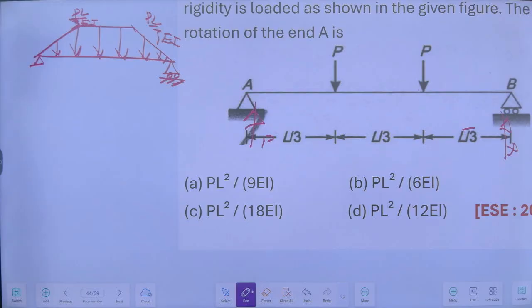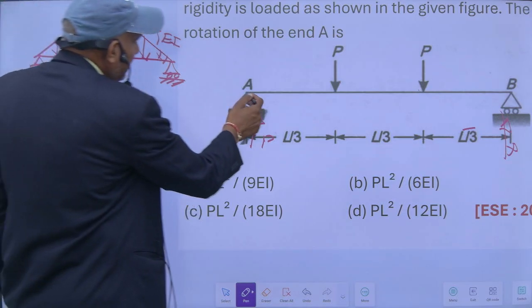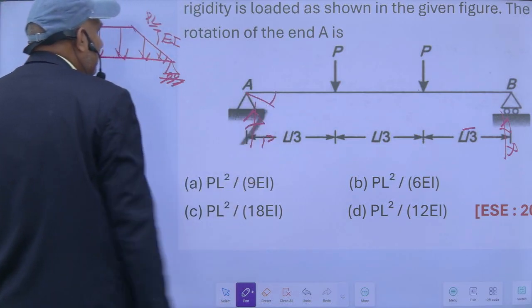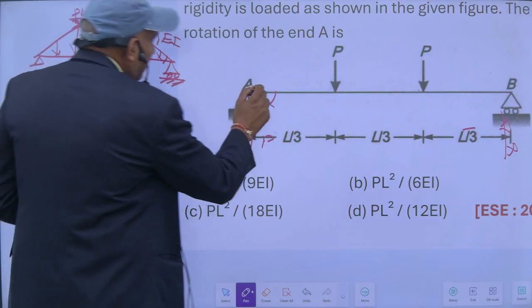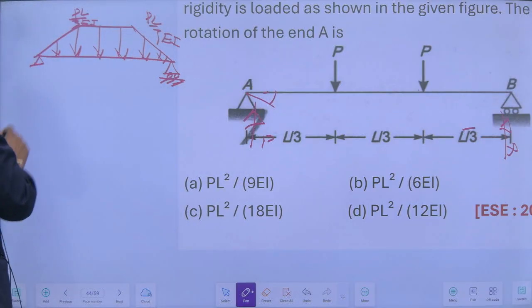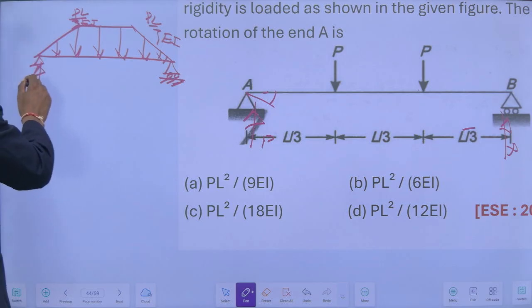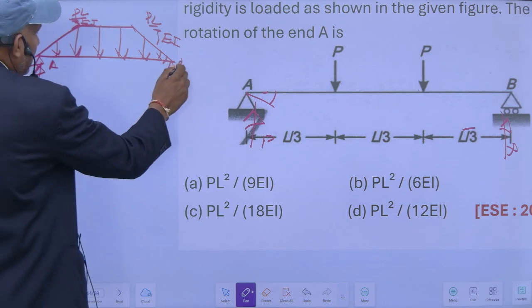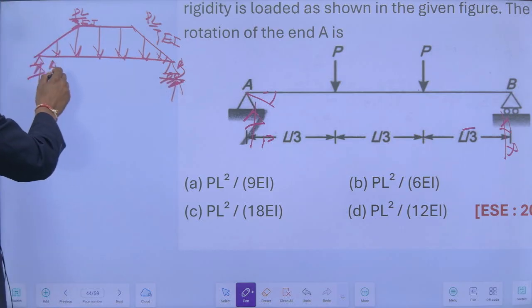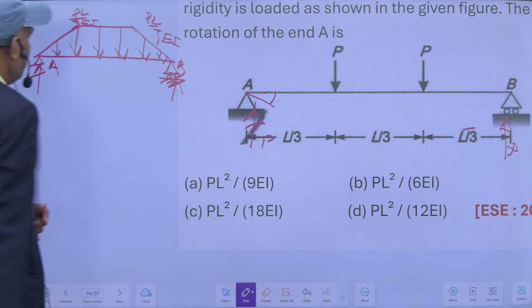Now the rotation at this point theta, slope means rotation, means slope in the real beam is equal to shear force in the conjugate beam, which means reaction. So reaction will be equal to shear force here and that will be equal to the slope in the real beam.